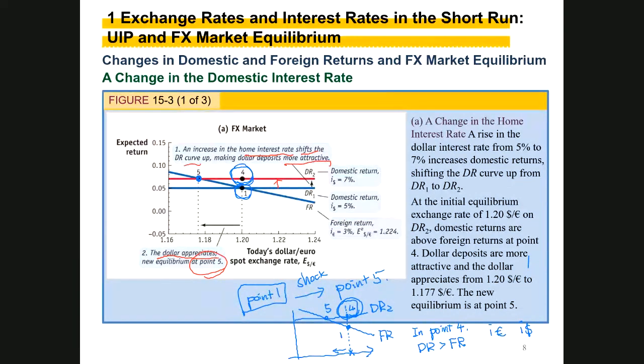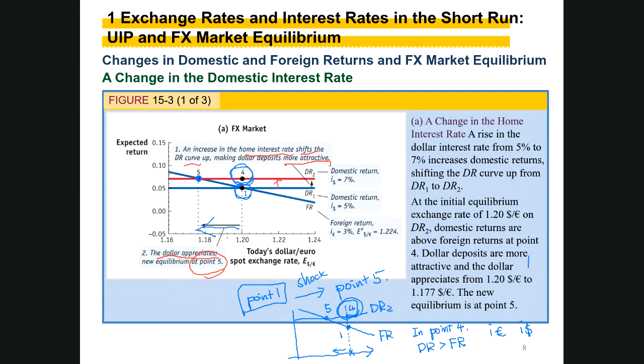So now the US dollar is going to appreciate, because people want to get more US dollars since they could enjoy higher returns. So that's the reason why in the foreign exchange market, the exchange rate will drop. The exchange rate drop means the US dollar, the home currency, appreciates against the foreign currency.